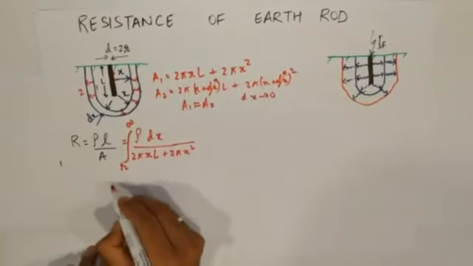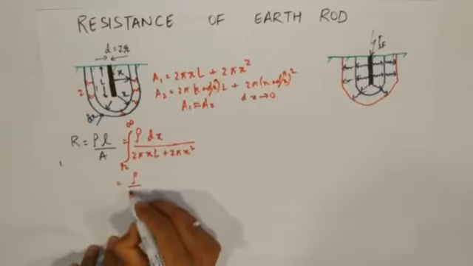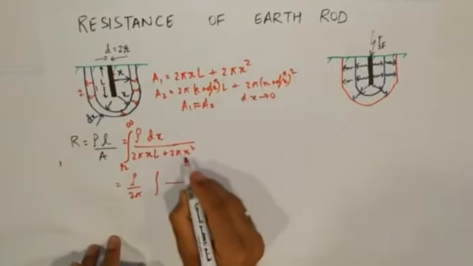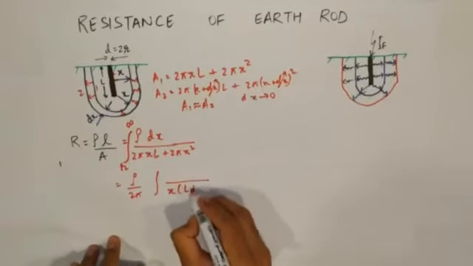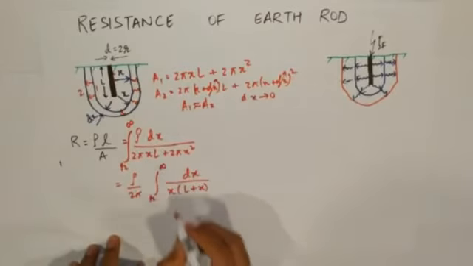So now if you do the integral, rho is constant, 2 pi is constant, you can take it out. Left over is xL plus x square, so you can take x common, it will be x times (L plus x) dx from R to infinity.